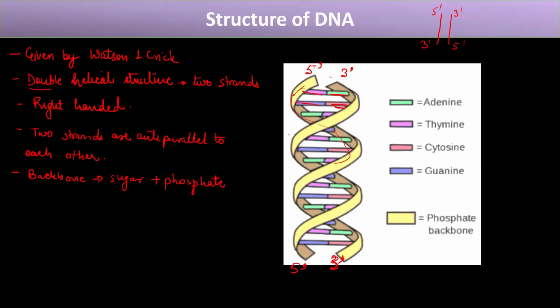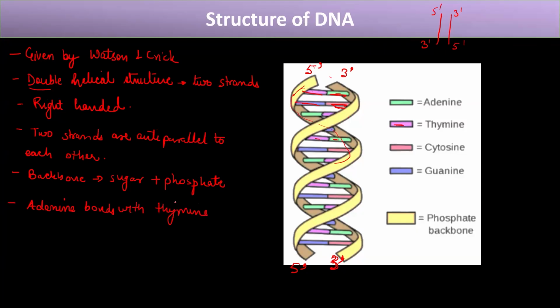Now, if you look at the structure, the purple one here represents thymine, while the green one represents adenine. So everywhere in the structure, adenine is bonding with thymine, right? So in DNA, adenine bonds with thymine.